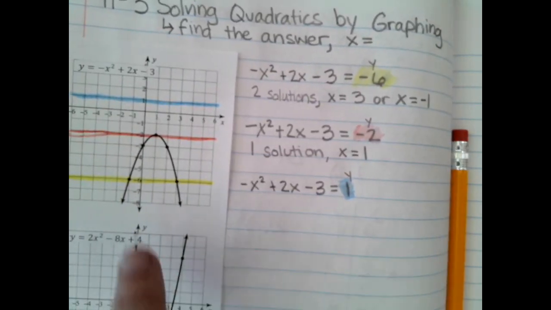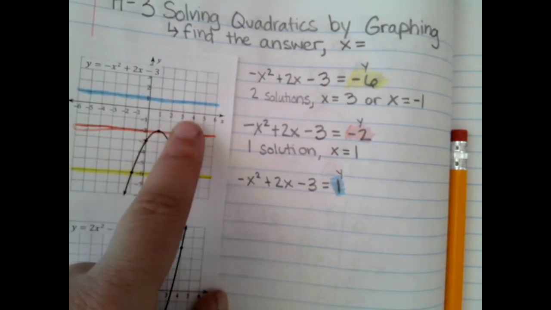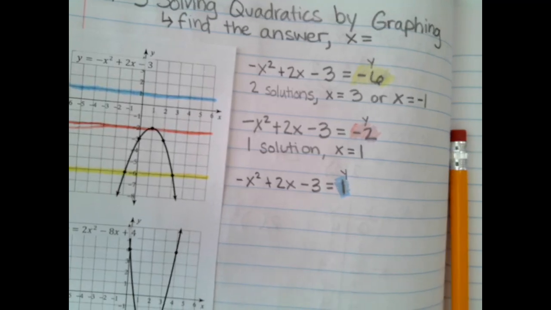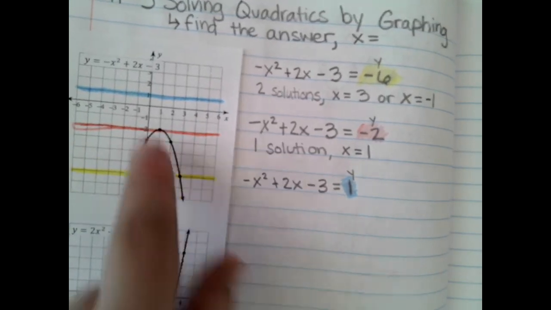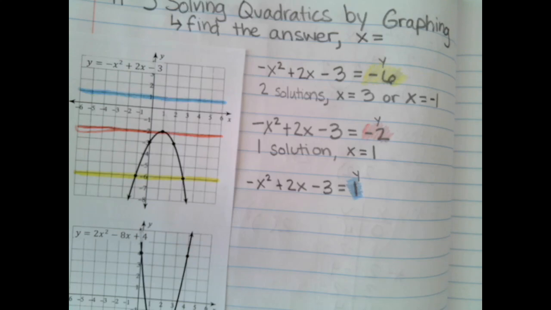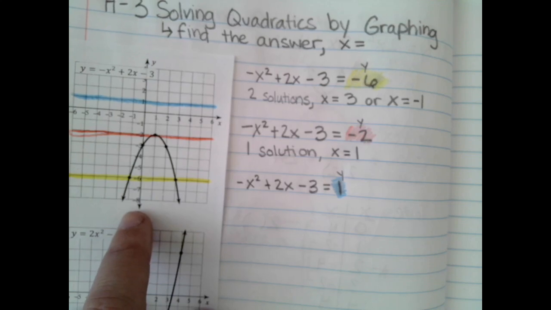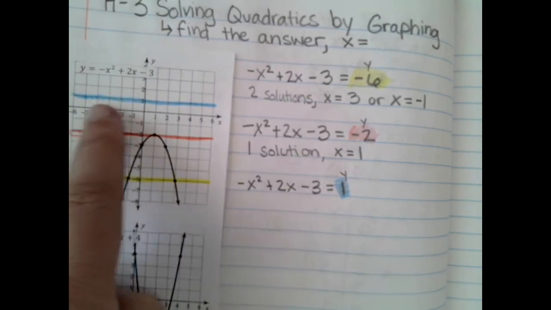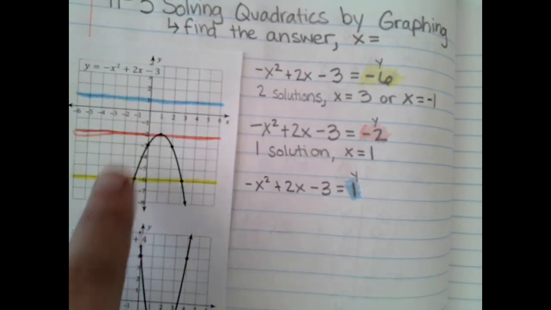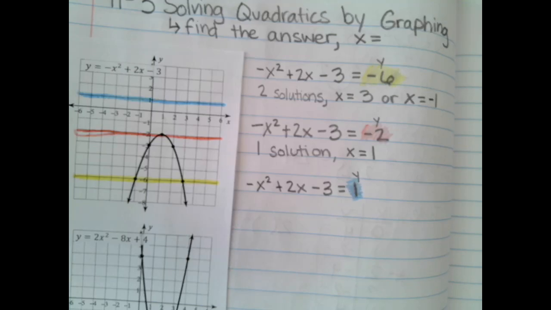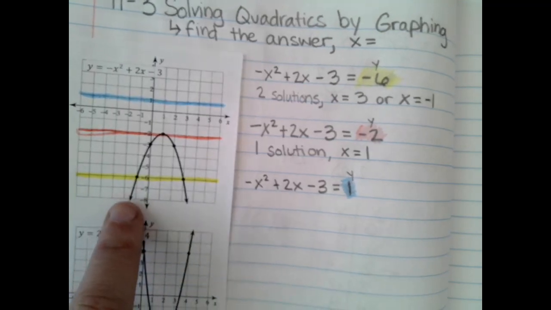How many times does my parabola hit that blue line? No times. Why doesn't it hit the blue line? What does it mean if it doesn't touch it at all? Yeah, it's no solutions, because what happens with our parabola?